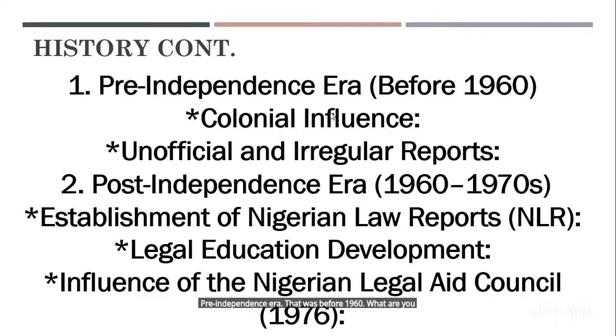Talking about colonial influence, we said earlier that Nigeria inherited the English common law tradition due to our colonial relationship. And in early colonial times, decisions from English courts and British West African colonies, talk about Ghana, Sierra Leone, were referred to in Nigeria.